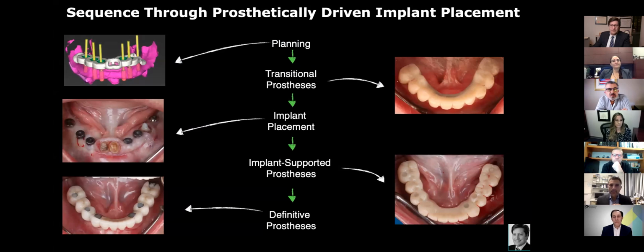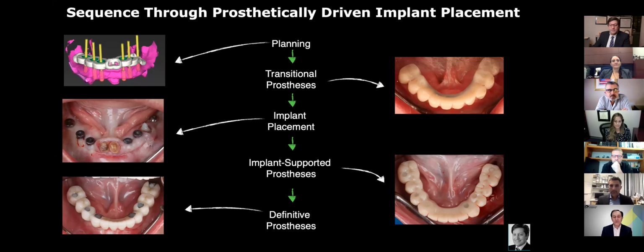But when it comes to the loading protocols, I think this is overall a question of the treatment sequence. And I would like to show you this schematic design of the main five sequence steps that we will all go through in treating these patients. You will need to come up with your planning.